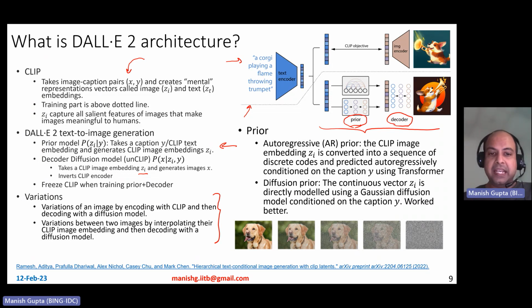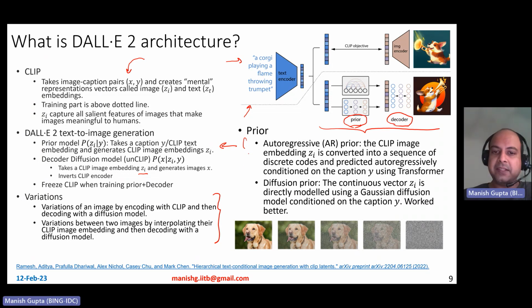Given an image encoded by the CLIP model, DALL-E 2 can decode with the diffusion model to generate variations of the image. Given two images and their embeddings in the CLIP space, you can perform interpolation in the CLIP embedding space, and then the decoder diffusion model of DALL-E 2 can decode an interpolated image.